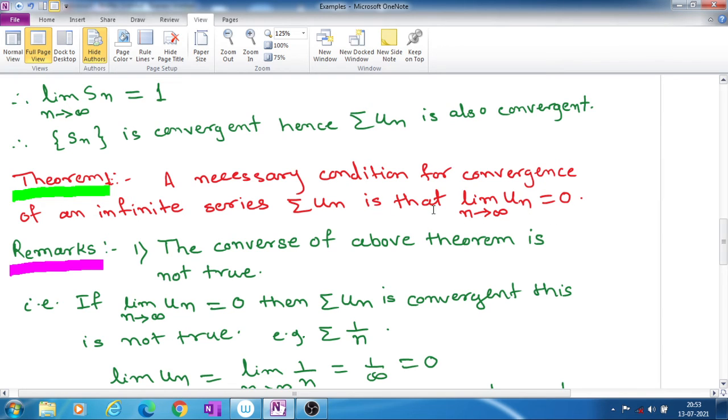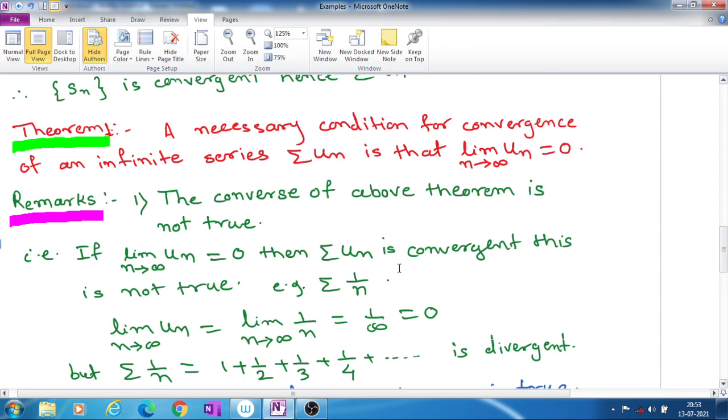So this is a condition to check whether the series is convergent or not.